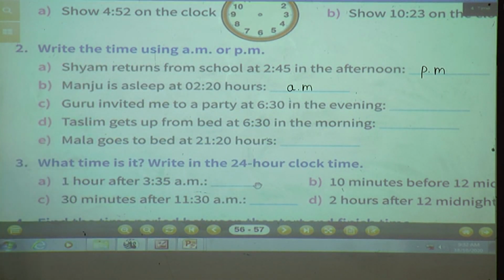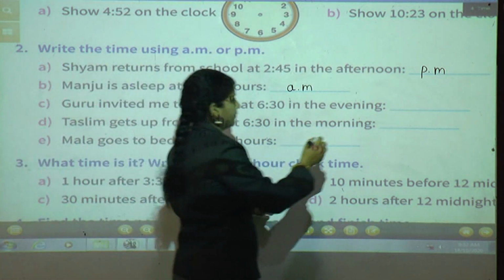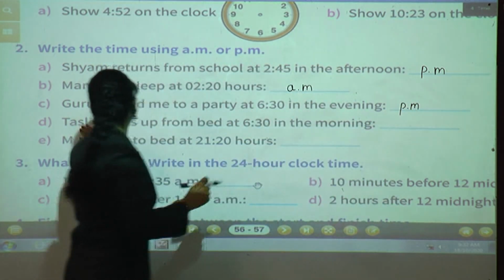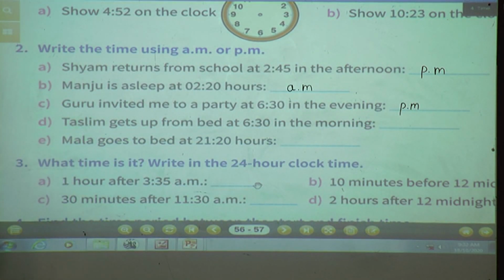Again, Guru invited me to a party at 6:30 in the evening. Evening means, yes students, 6:30 PM. Now here, Tasnim gets up from bed at 6:30 in the morning. Morning, what do we use, students? AM.